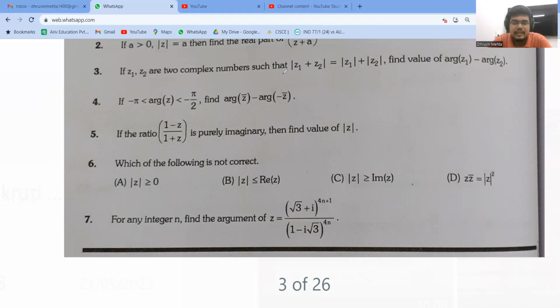So argument z is between minus pi and minus pi by 2. We have to find argument of z bar minus argument of minus of z bar. Do you remember any property related to argument of z bar?